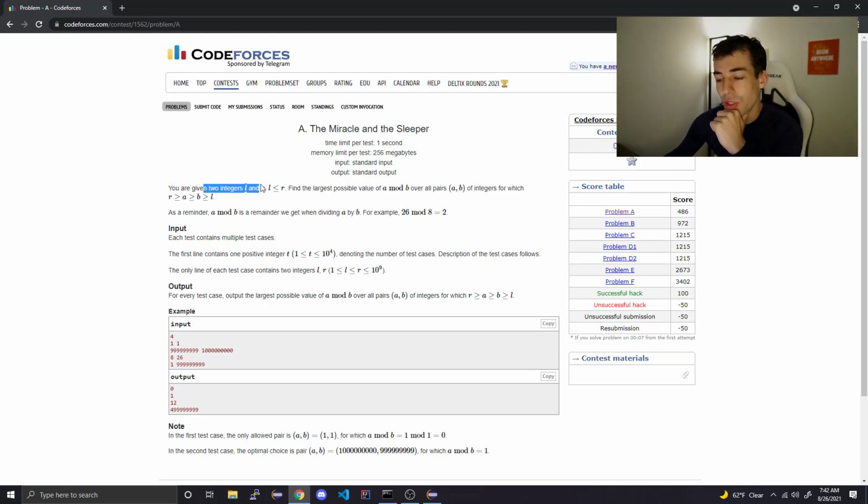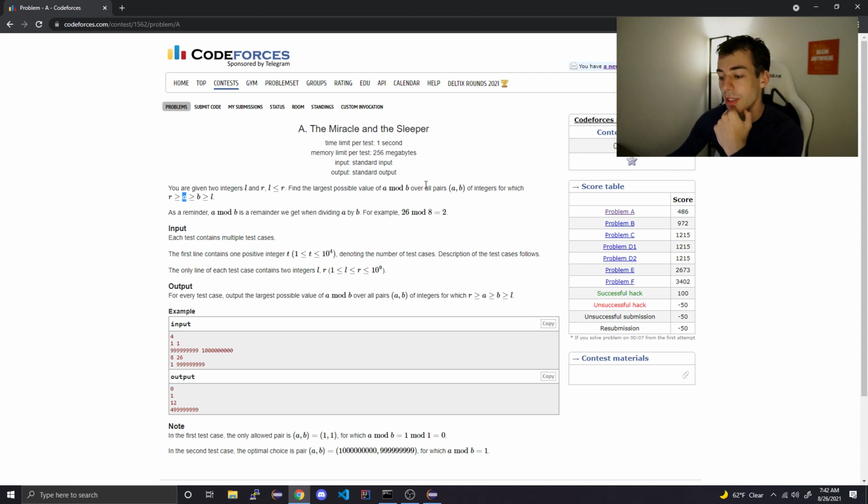All right. So you're given two integers L and R. We want to find the largest possible value of A mod B over all pairs A and B, for which A goes up to this. All right, gotcha. So B has to be smaller than A. So we probably want to make A the smallest value possible, and then B either the biggest value possible or A times 2.